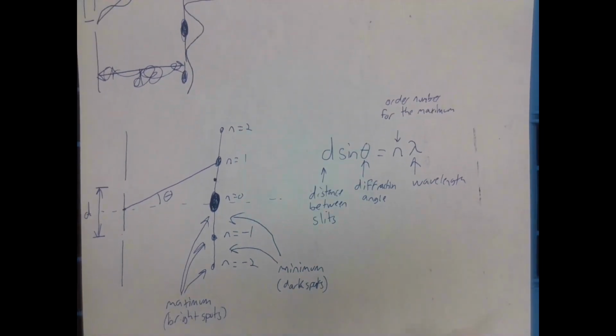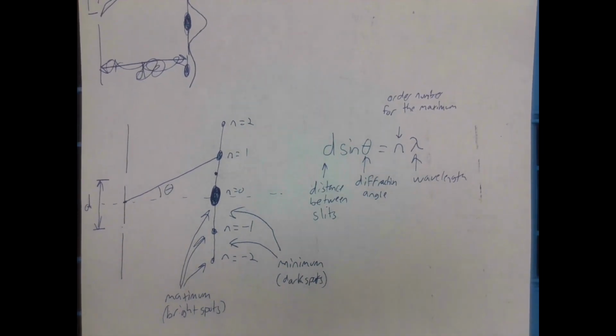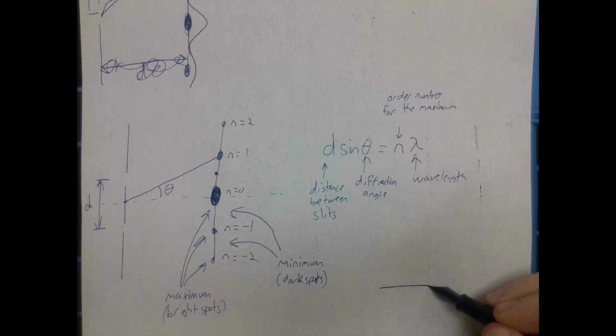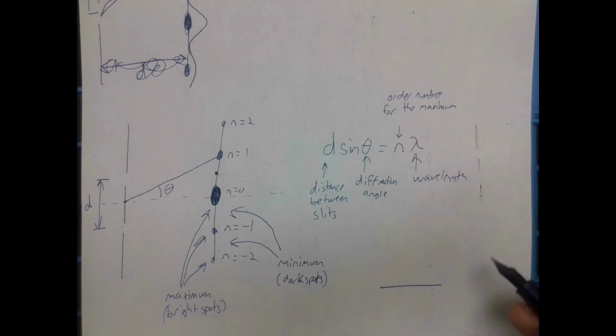Basically, you have this written? So, in order for them to have constructive interference, you have to have the same number of wavelengths.